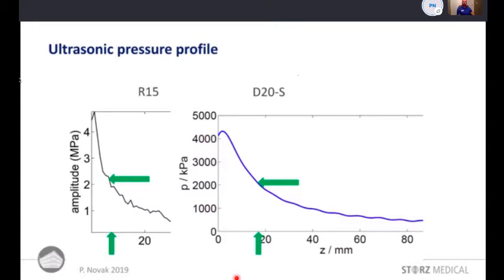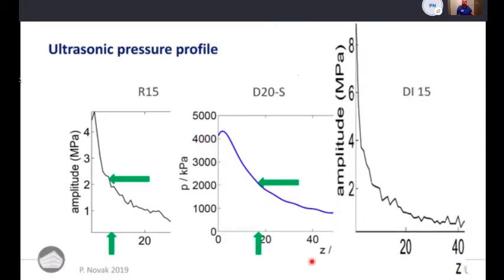On the other hand, if you take this deep impact transmitter, it has very, very high intensity compared to the others, at the surface in the range of 8 megapascal, but with the same principle of establishing the penetration depth, it is only a few millimeters.